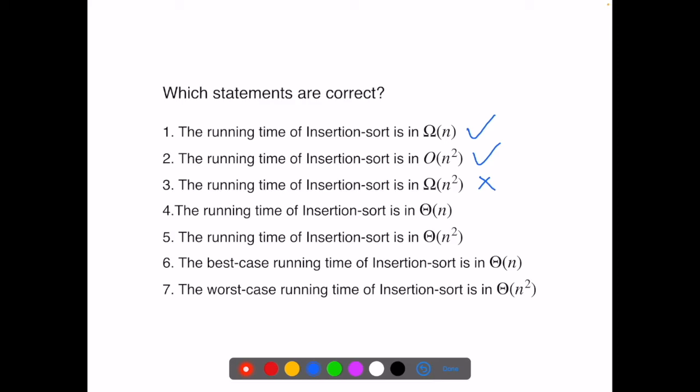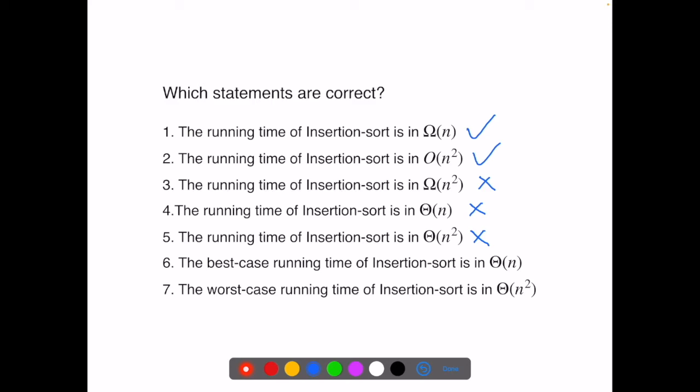No. Fourth, is n the tight bound for the running time of insertion sort? No. Fifth, is n squared the tight bound for the running time of insertion sort? No. In fact, we do not have a tight bound for the running time of insertion sort.